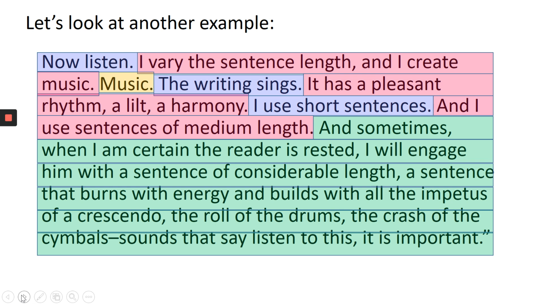So we can see from that example that in varying the sentence structure, we're almost creating a different rhythm. We're creating more interest, more engagement. We're highlighting certain features. So we might look at the music. We wanted that to stand out, so we used it by itself to highlight that idea.